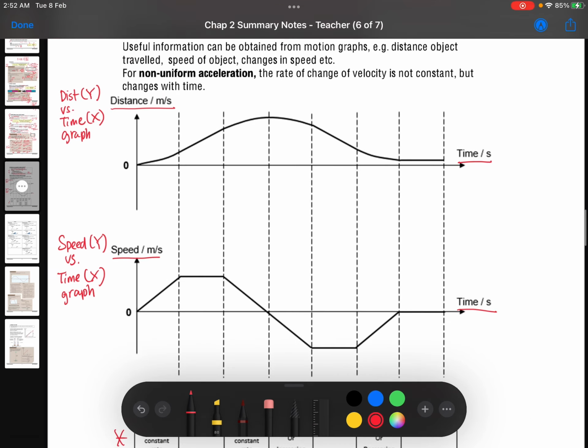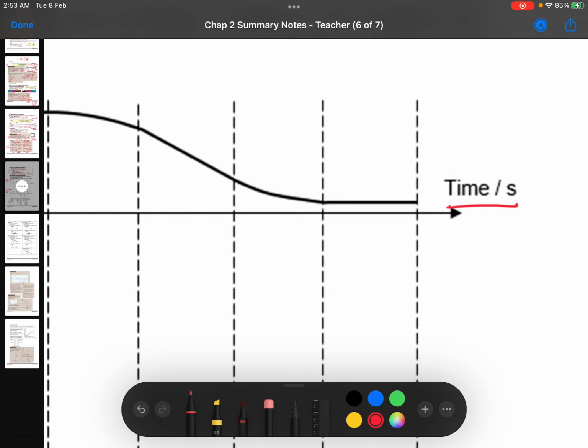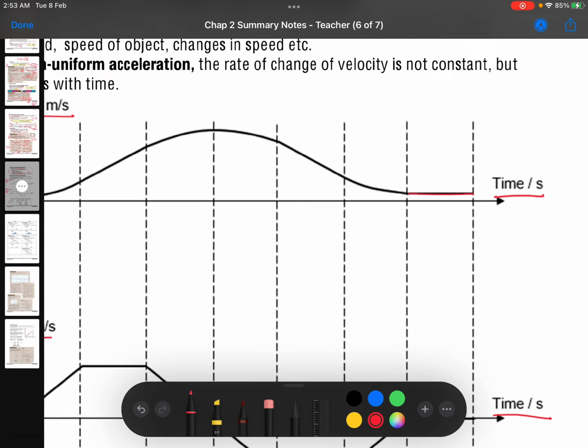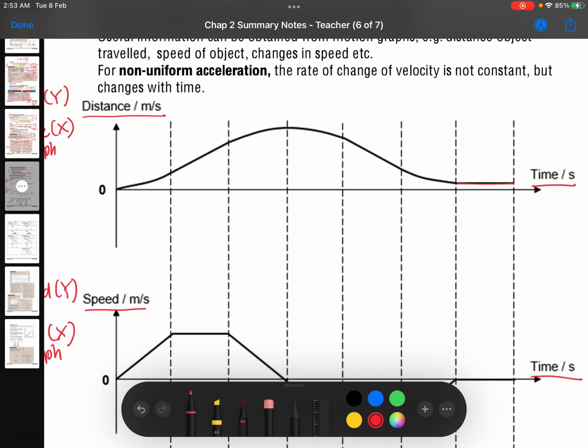So I'd like to draw your attention to this: when it is at rest, you find that the distance time graph is a constant line. I emphasize that it is constant. The value of the distance doesn't change.